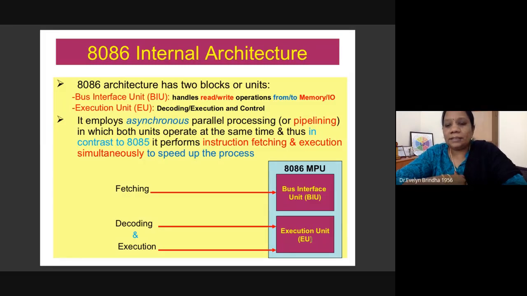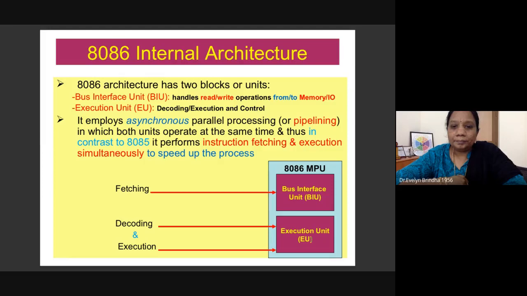As the name says, the execution unit deals with decoding and execution of the instruction. Write back is skipped here because execution itself covers those steps by default. So fetching is done by the BIU, and decoding and execution by the EU of 8086. Is that clear, ma'am?